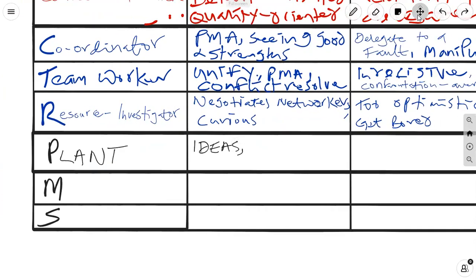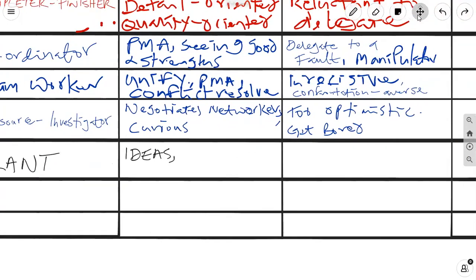Your plant, like I said, is the idea people, but one of the downsides, just one, there are others, but I'm focusing on some of the major ones. One of the downsides is they are poor receivers of criticism.